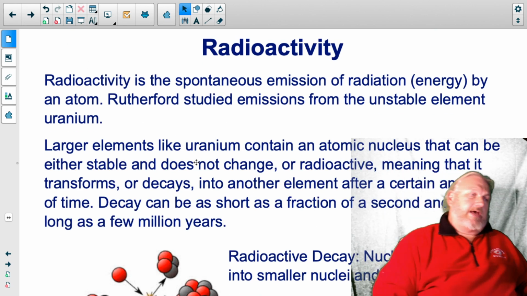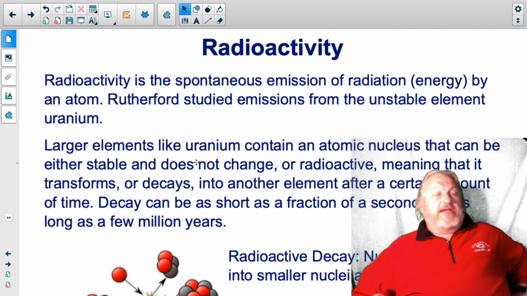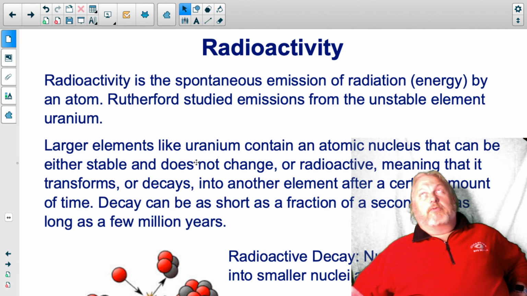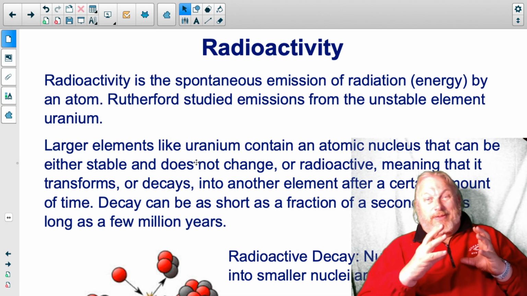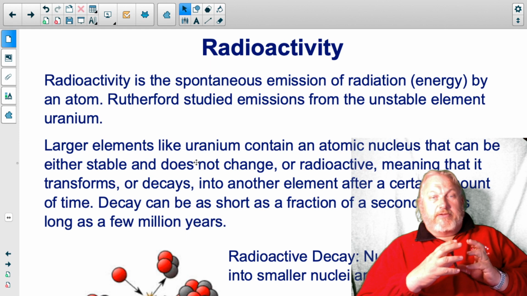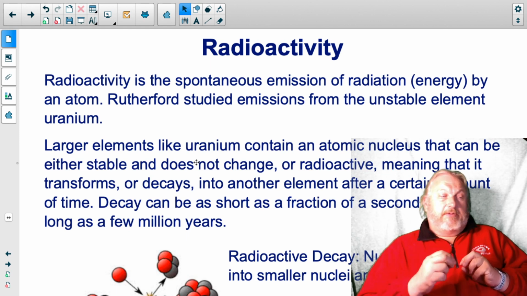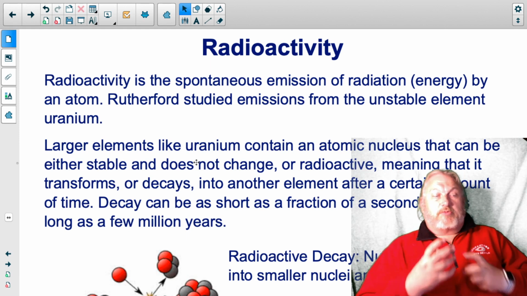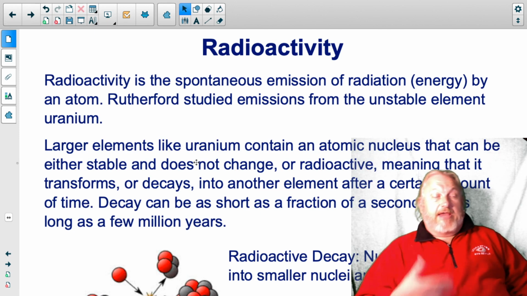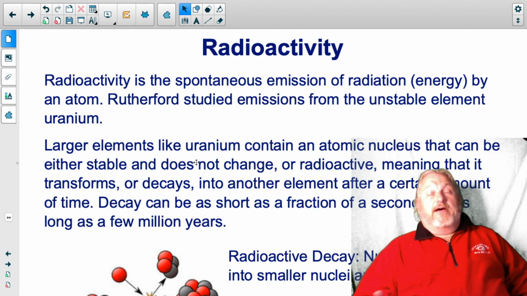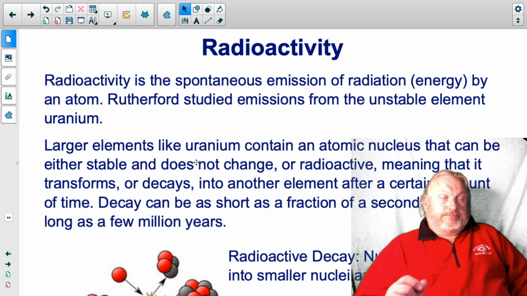So what is radioactivity? It's the spontaneous emission of energy or radiation by an atom. Rutherford studied emissions from the unstable element uranium. Larger elements like uranium are pretty big, right? So they've got an atomic nucleus that's either stable and does not change, or it's radioactive, meaning that it decays or transforms over time into another element after a certain period of time.